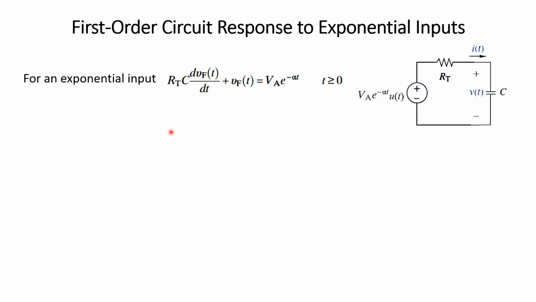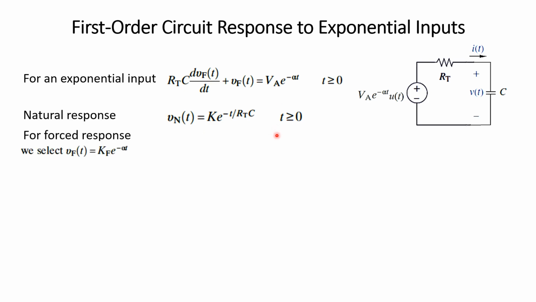Now for an exponential input, this is the exponential input, and from the previous table, this is the natural response, we know it already. For the forced response, we select an exponential type, because the forcing function is exponential, and as you have seen in the table in the previous slide showing the form of the forcing function and the form of the forced response.